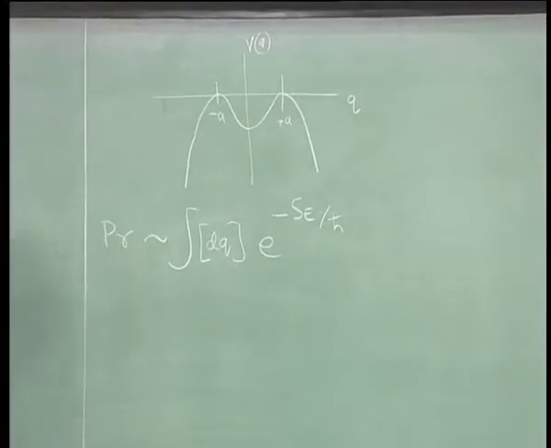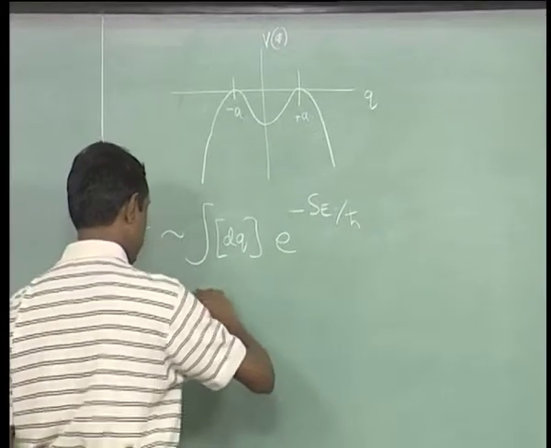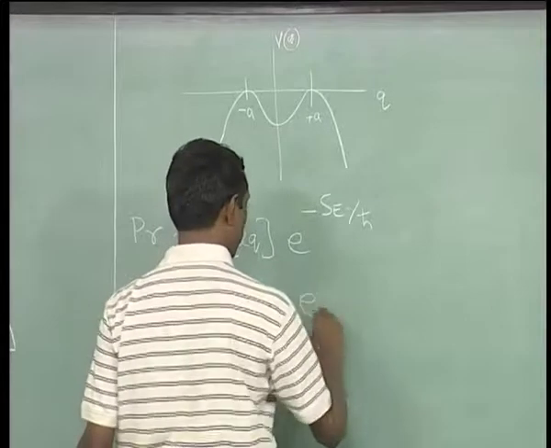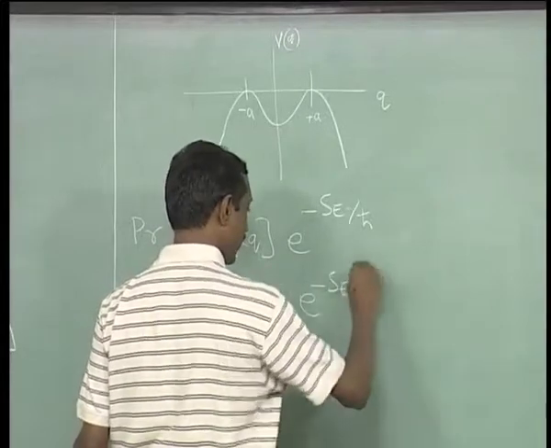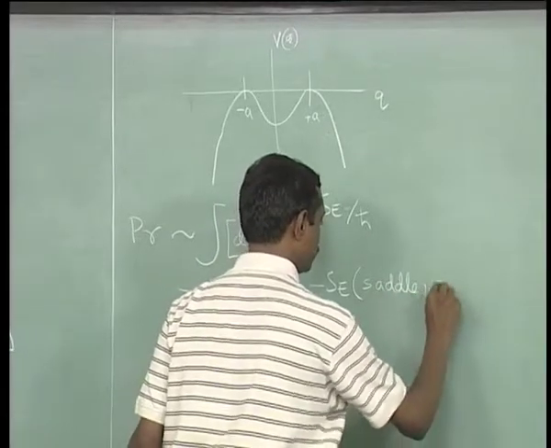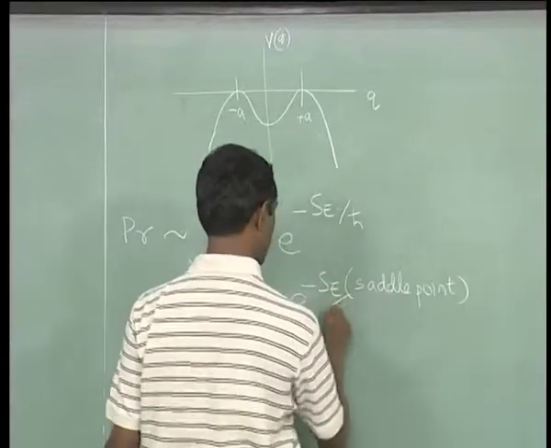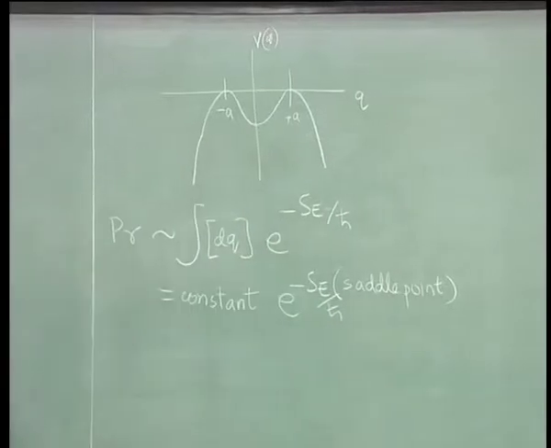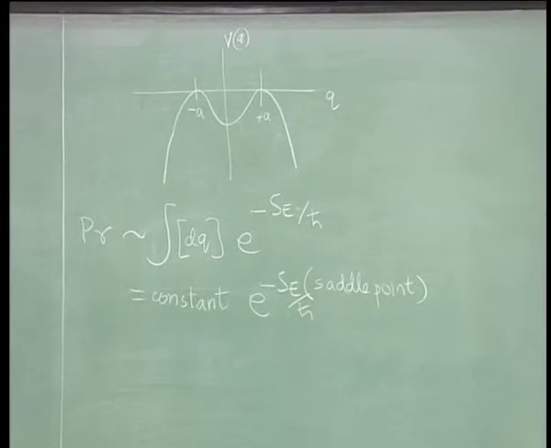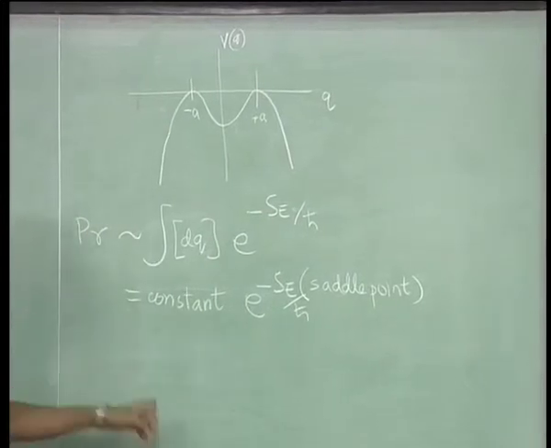The leading term will be some constant times e to the power minus S Euclidean evaluated at the saddle point by h bar. If you have many saddle points, in principle you should sum over all of them, but I am going to act as if there is just one saddle point.